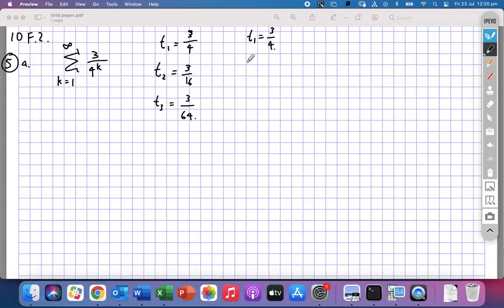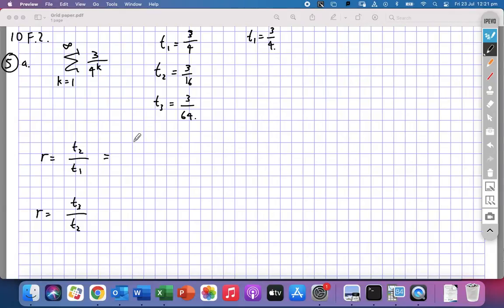Right. Let's see what the R value is. So the R value could be found from T2 divided by T1. If I get the same R value when I do T3 divided by T2, then presumably I've got a geometric sequence of numbers.